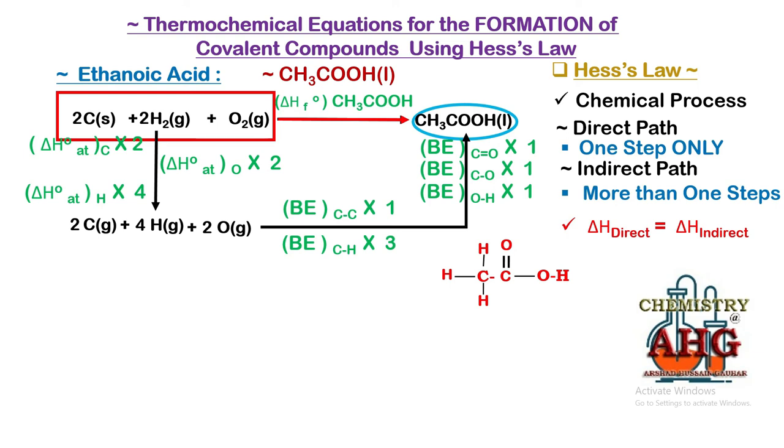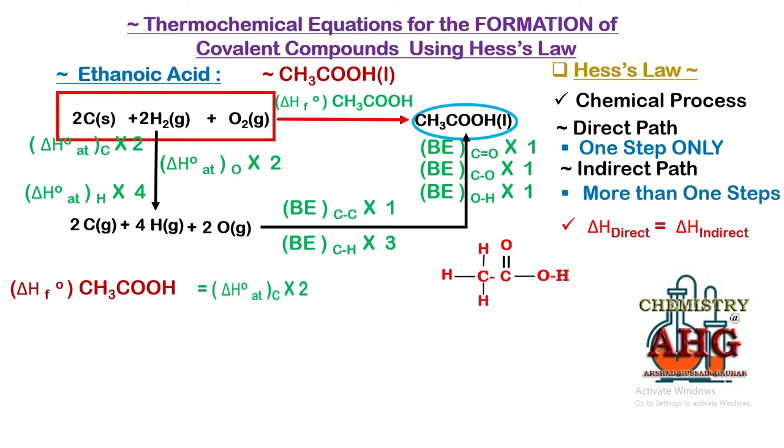So mathematically, what you can write down, according to Hess's law, enthalpy change of direct path is equal to enthalpy change of indirect path. So what is the direct path now? Enthalpy change of direct path is formation of ethanoic acid, and it is equal to the sum of enthalpy changes of the indirect path. There are so many enthalpy changes in the indirect path. What can we write down? I am writing in a sequence.